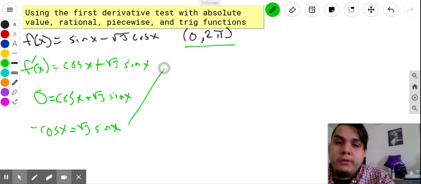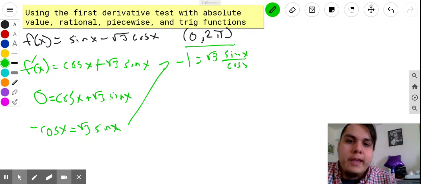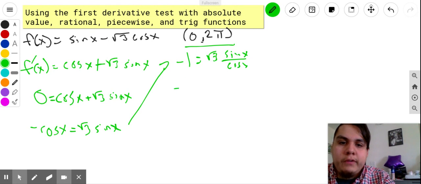So this will now get me to negative 1 is equal to radical 3 sine of x divided by cosine of x, aka I will have negative 1 over radical 3 is equal to sine of x over cosine of x.